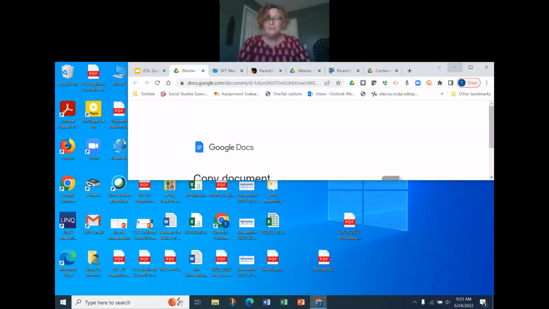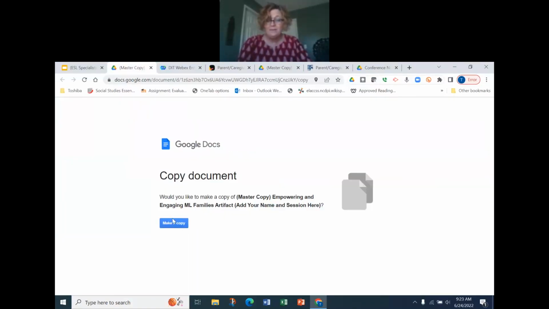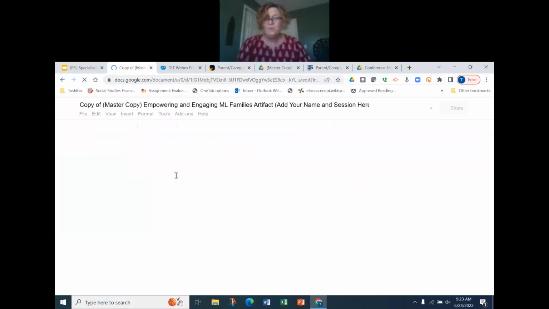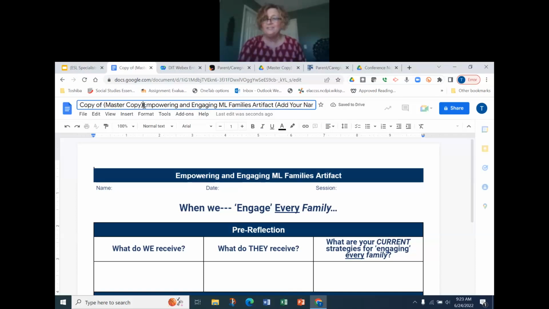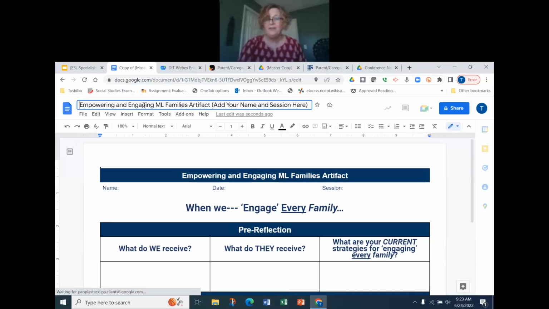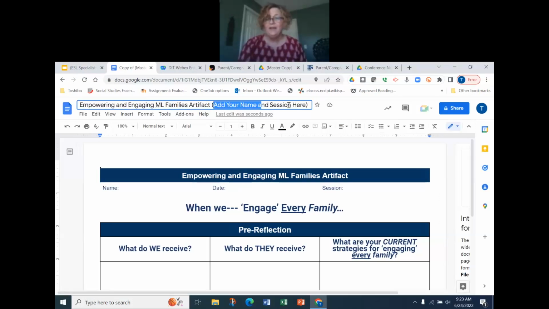So you will need to make a copy of the artifact and personalize it, of course. If you'll just add your name in the parentheses at the top of the page in the title, and you can put ESL Specialist / leader or ESL lead for the session that you're in.